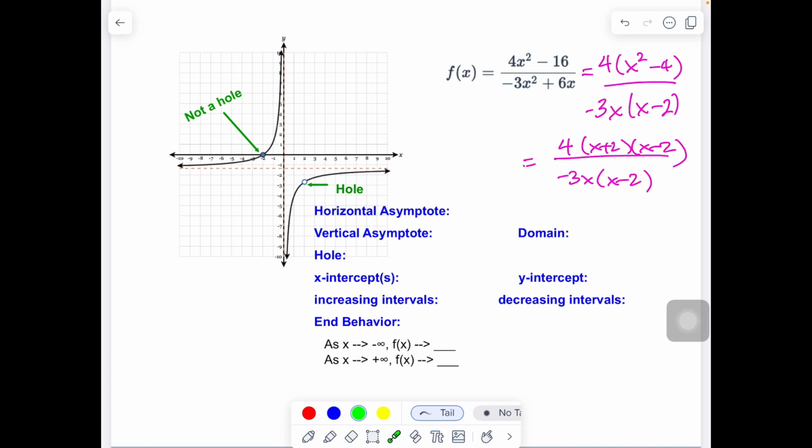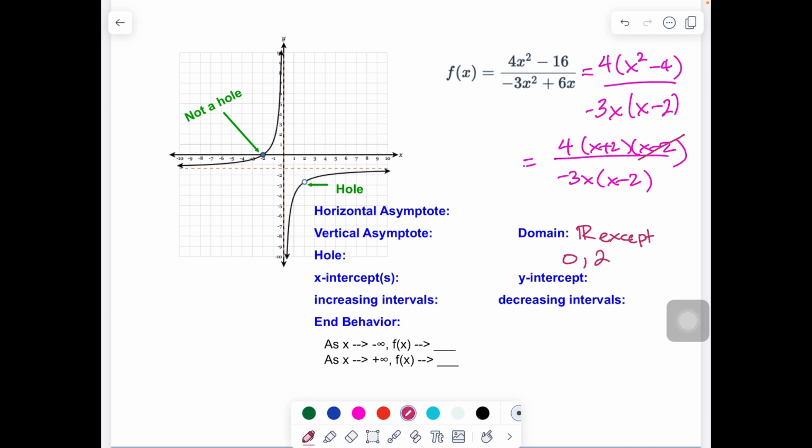Okay, we think about domain. Our domain is all real numbers except 0 and 2. Same as we had a second ago, I think. That's our domain.